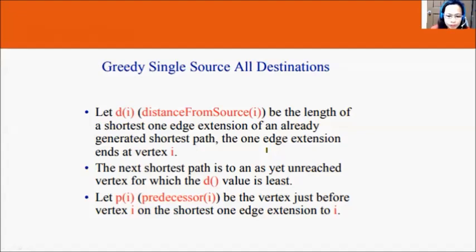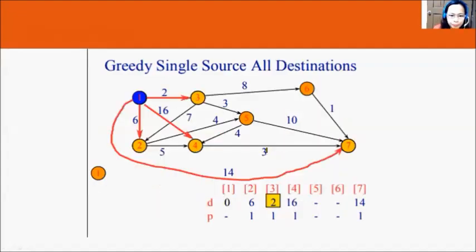The next shortest path is to an as yet unreached vertex for which the d value is least. Let p be the predecessor, the vertex just before vertex i on the shortest one edge extension to i. Okay, let's have an example.